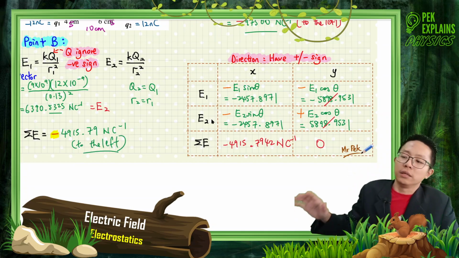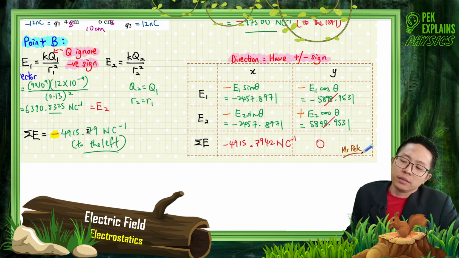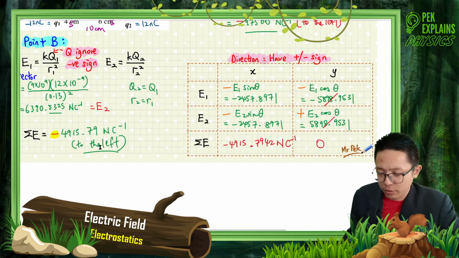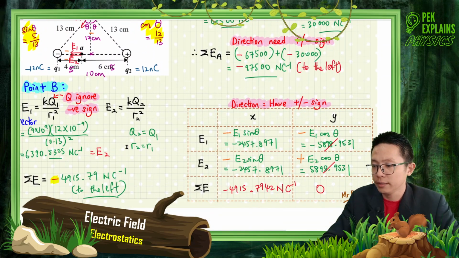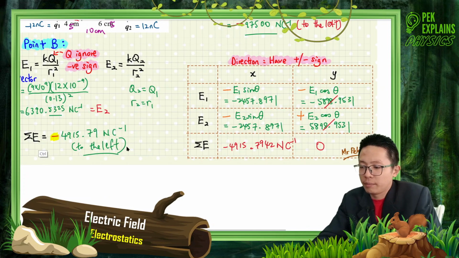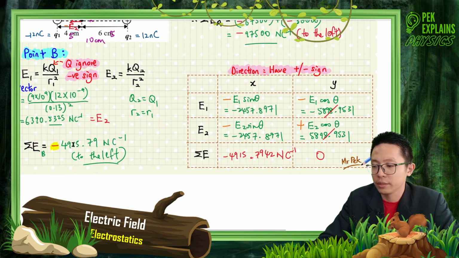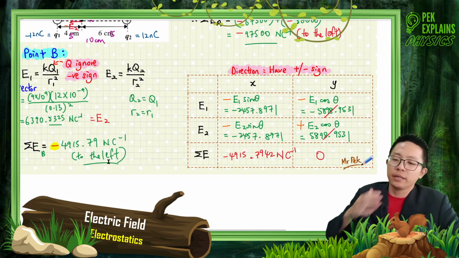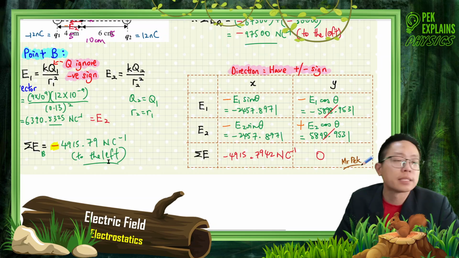That is the resultant electric field strength, magnitude and direction both. So that's all for the electric field strength at point B. Just now was at A, and this one is at point B. So that's all for this question. Let's move on to the next one.